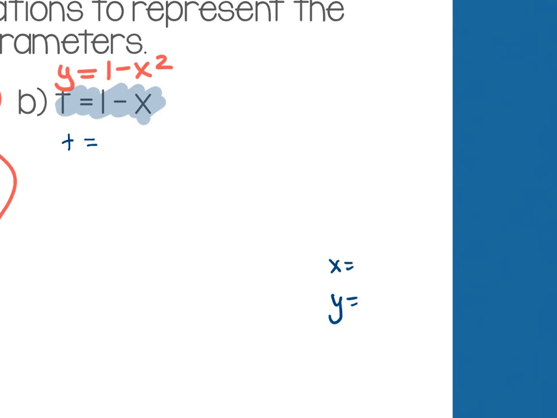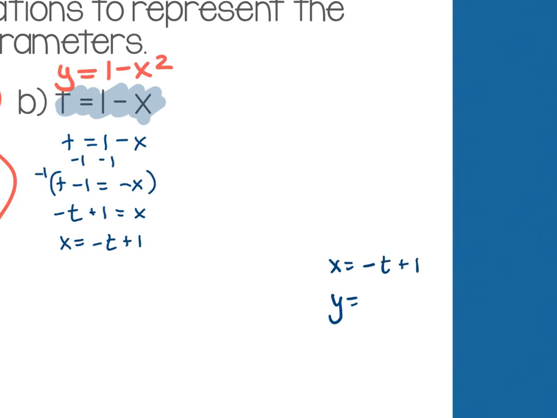So if t equals 1 minus x, then I can subtract the 1. And then I can multiply or divide anything by negative 1. So negative t plus 1 equals x, or x equals negative t plus 1. That's the first equation. And you could switch that order. It could be 1 minus t. That's fine.